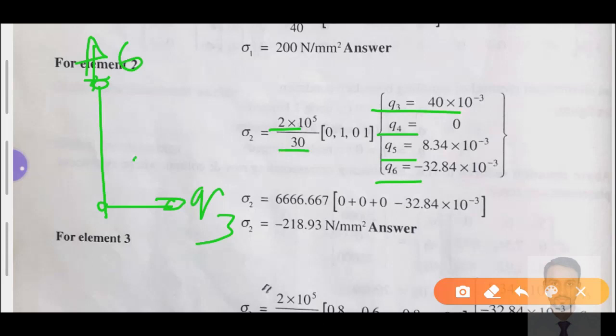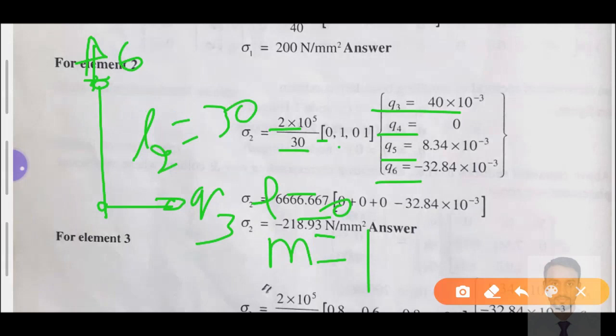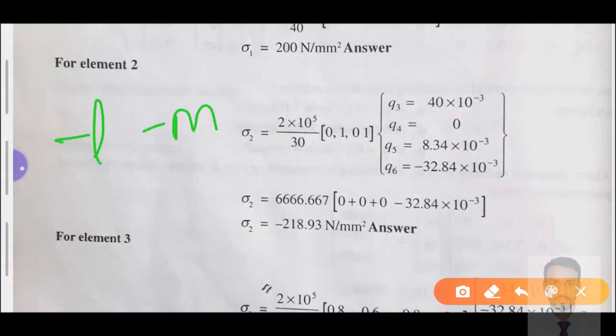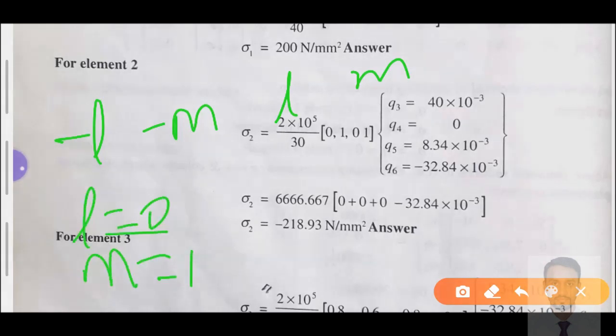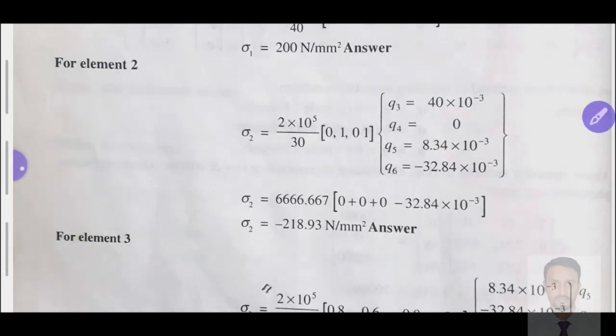This is the length of the element, 30, from the tabular column, and then the direction cosines: L is equal to 0, M is equal to 1, minus L, minus M, L, M. When we substitute the value of L here, 0, 1 means minus 1. It is minus 1, corrected this one. And then this is 0, and M is plus 1. This is a plus and this one is minus 1, right?